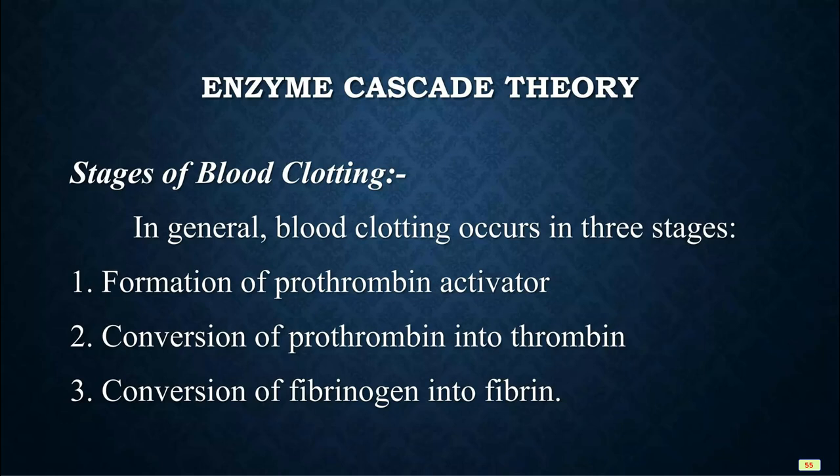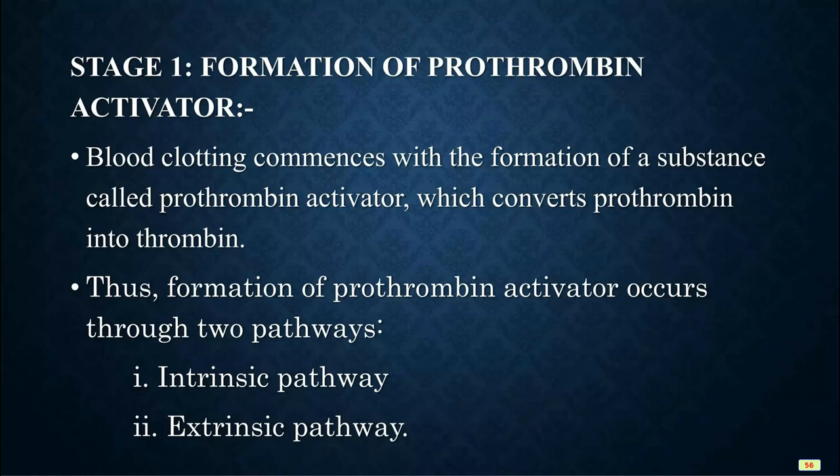Then the enzyme cascade theory: the stages of blood clotting will be three. One, formation of prothrombin activator; then conversion of prothrombin into thrombin; then conversion of fibrinogen into fibrin.